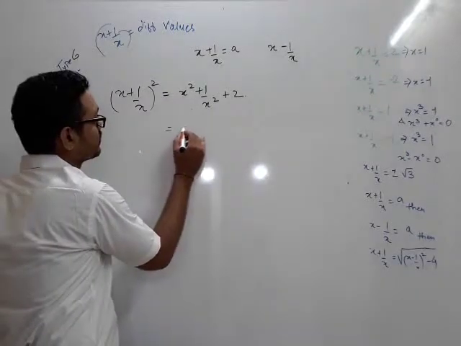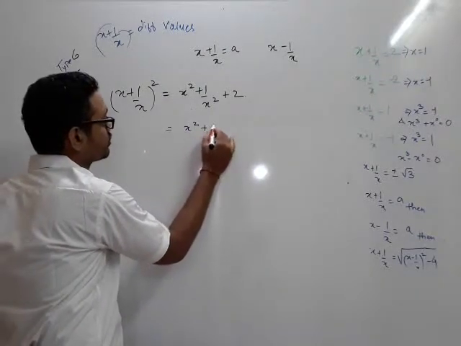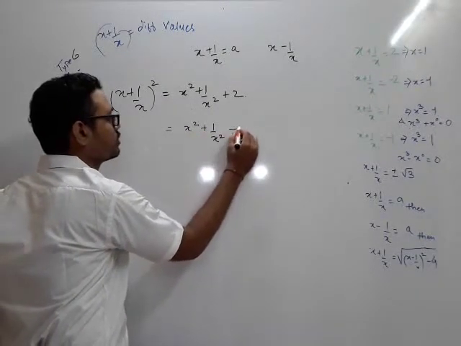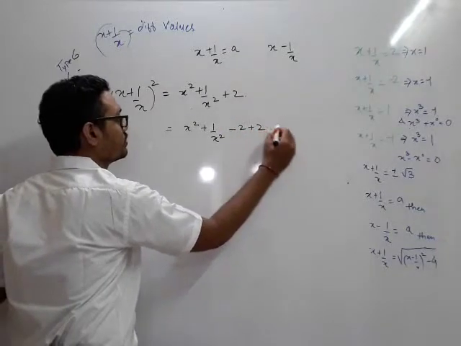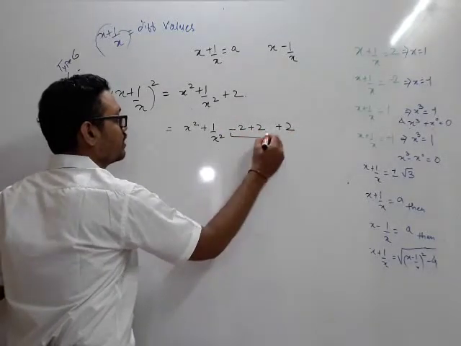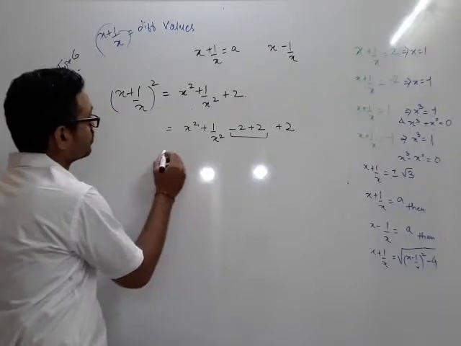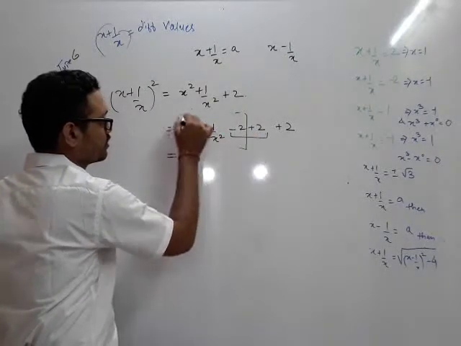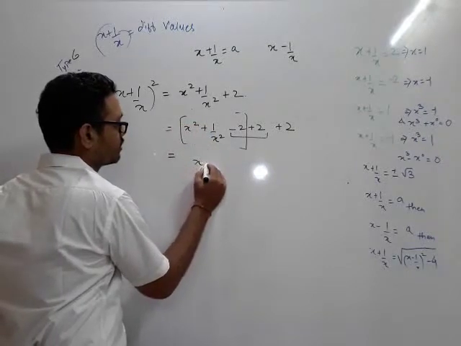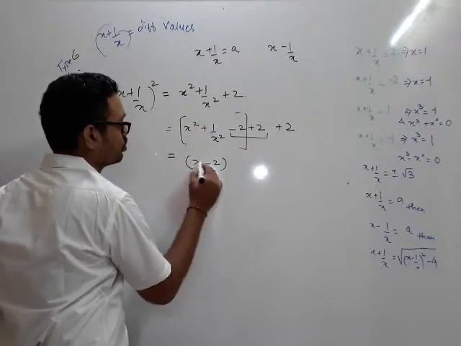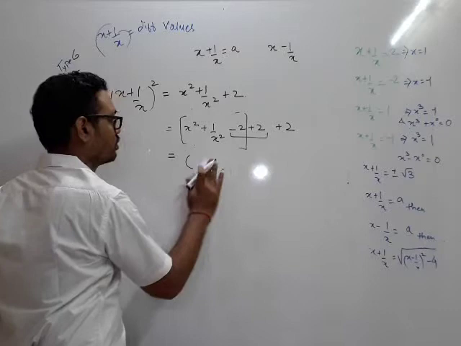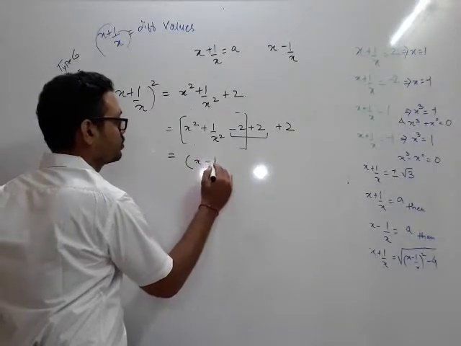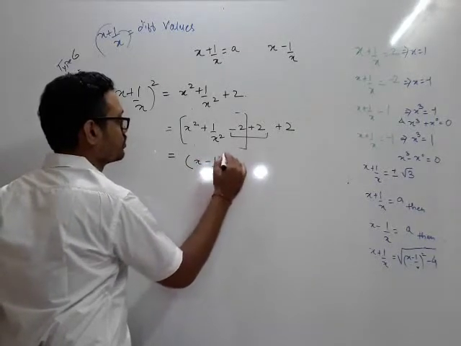This can be written as x square plus 1 by x square minus 2 plus 2. I can add this here. So this can be written as x minus 1 by x, the whole square.